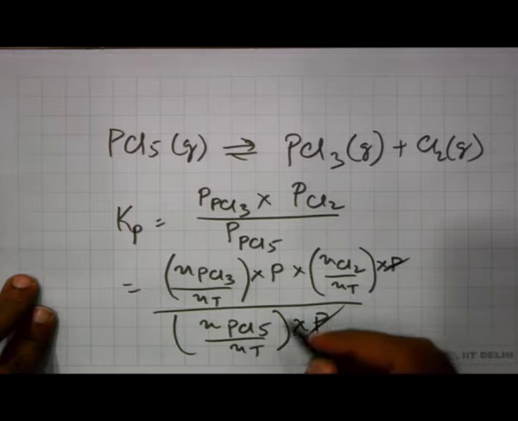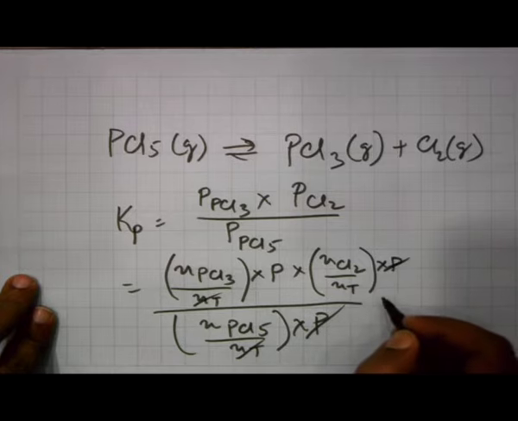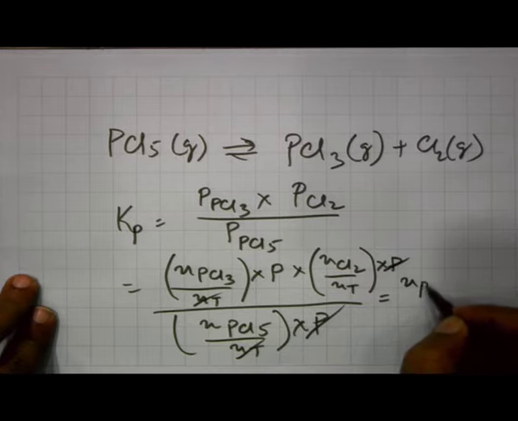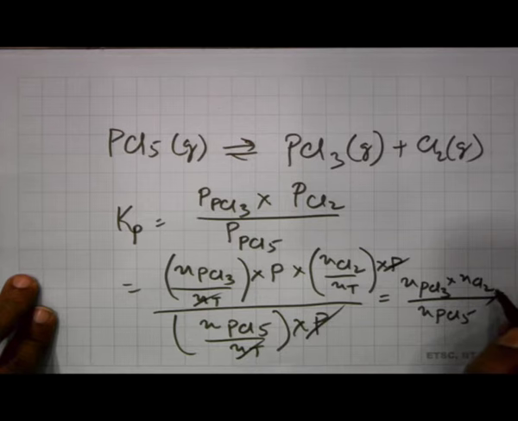One pressure cancels out, one Nt cancels out. So this is basically N PCl3 into N Cl2 divided by N PCl5, multiplied by P by Nt.